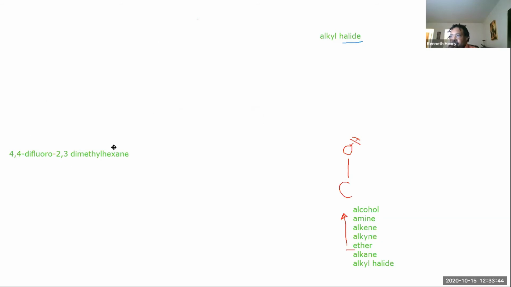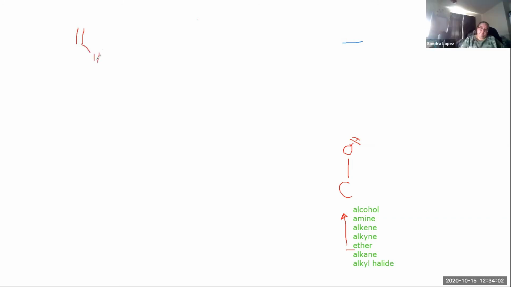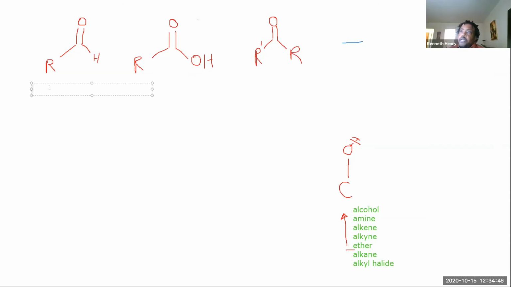Okay, so the next group that we're going to talk about, actually, we're going to do 3 at once so you can see the distinction between all 3. So these guys are aldehydes.